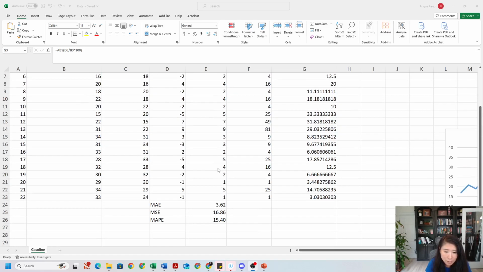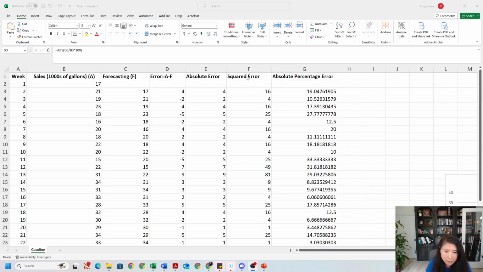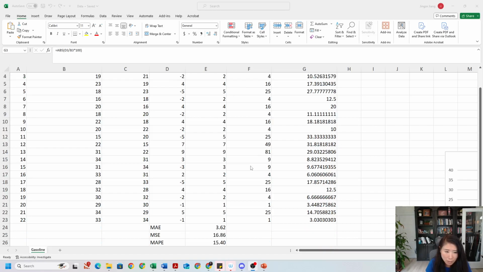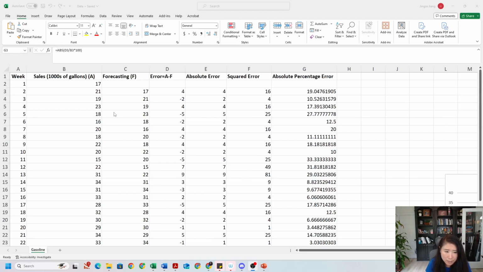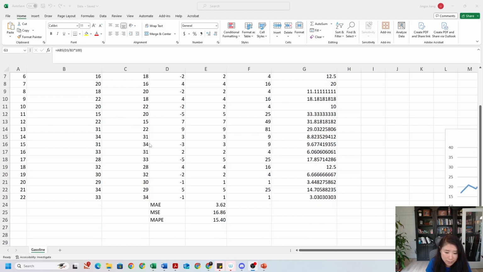The reason the value is so large, as we mentioned in the lecture, is that for the squared error, we square the value of the error, making our result not measured on the same scale as your original data set. So MSE usually tends to exaggerate the difference because you squared it.